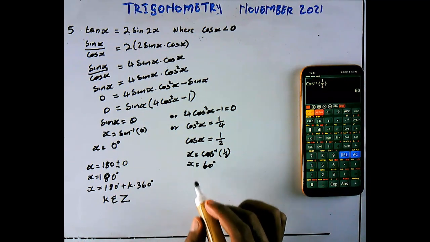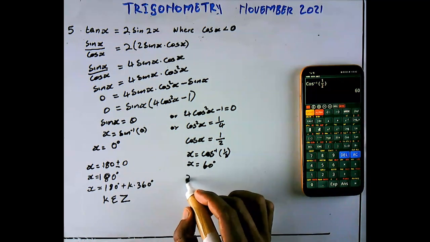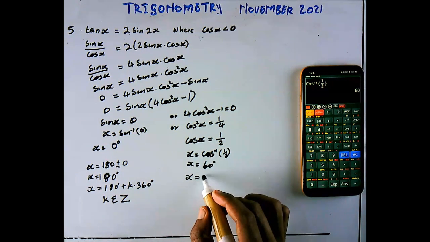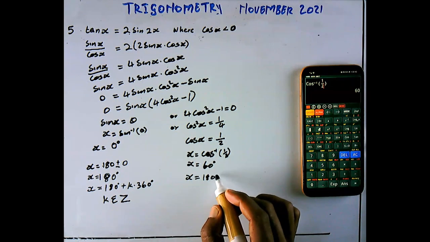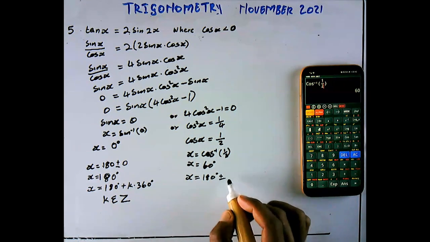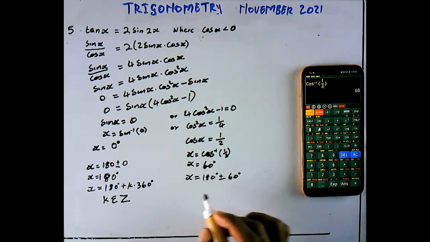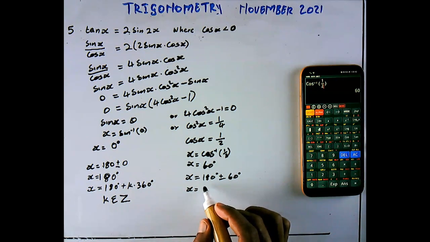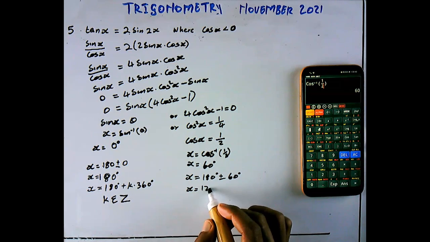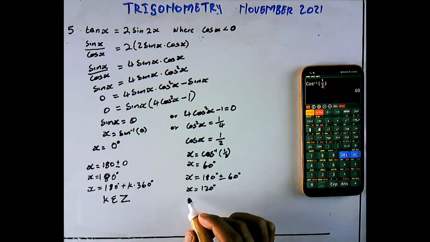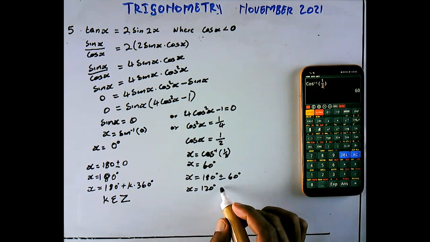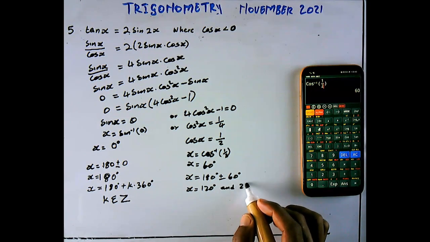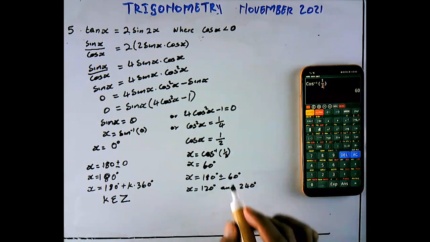And then this side, x in those quadrants is 180 degrees plus or minus 60 degrees. So x equals 120 degrees, and x equals 240 degrees when you add.